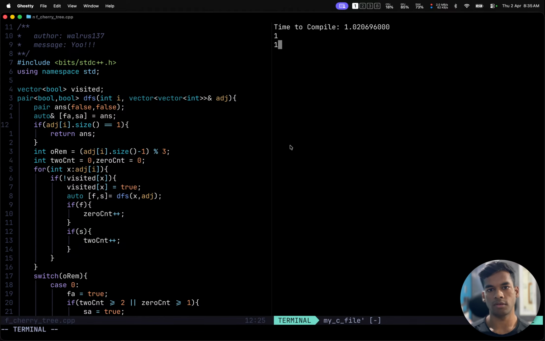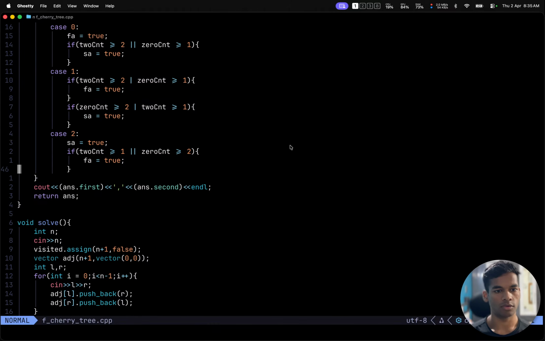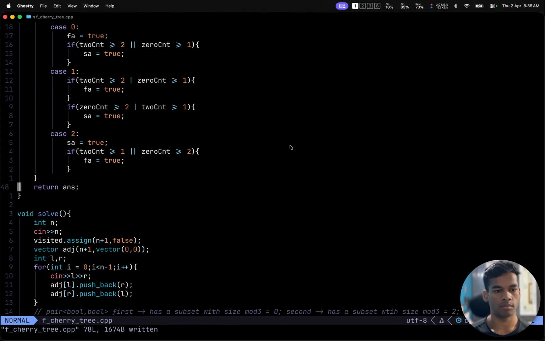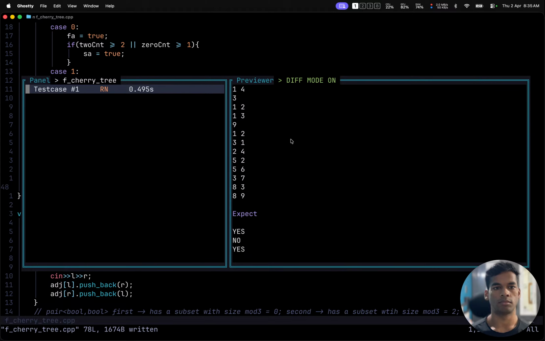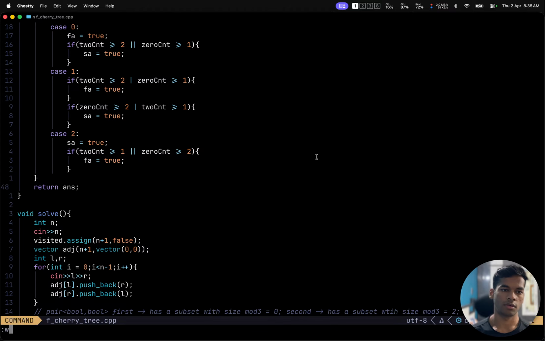One test case, 3 nodes, 1 to 2, 1 to 3, and no. Looks cool. Says no for the first test case, where clearly the answer is yes.